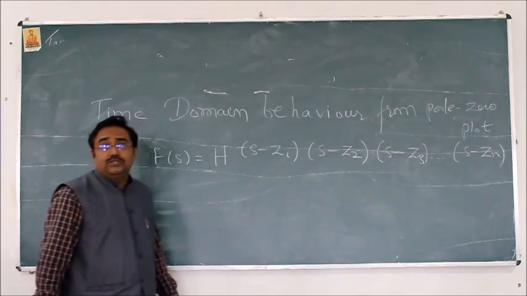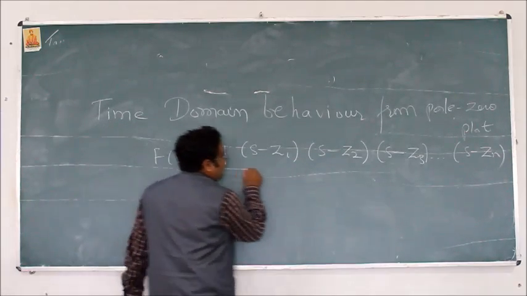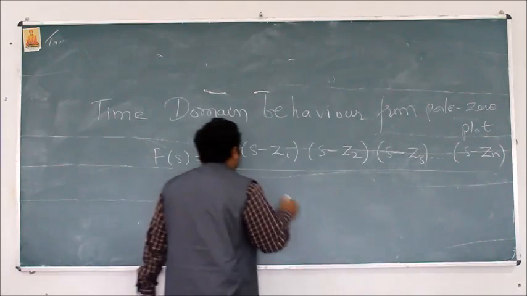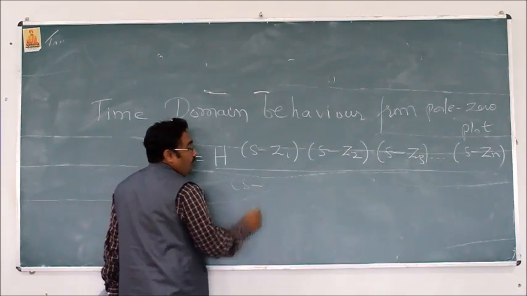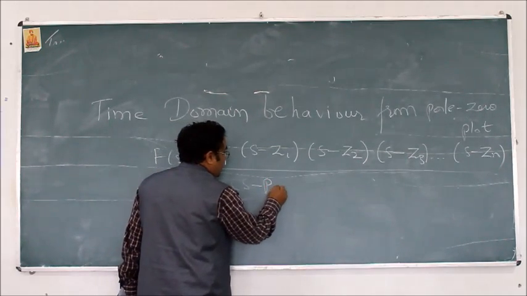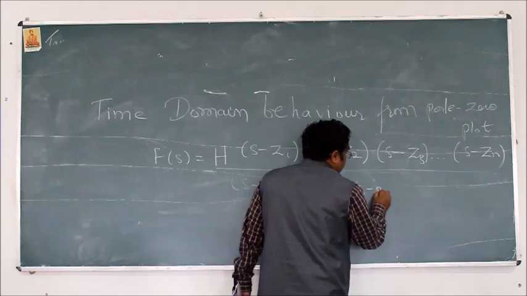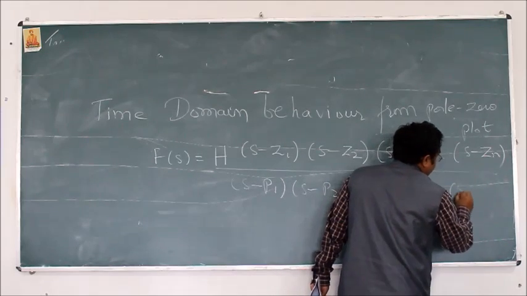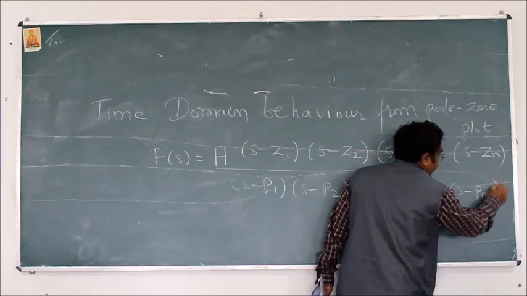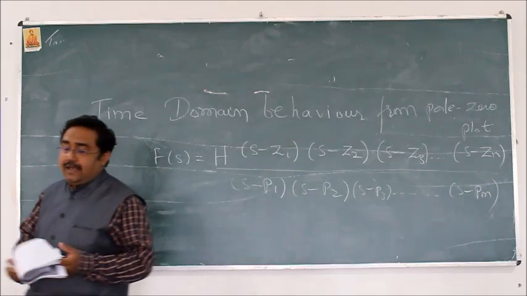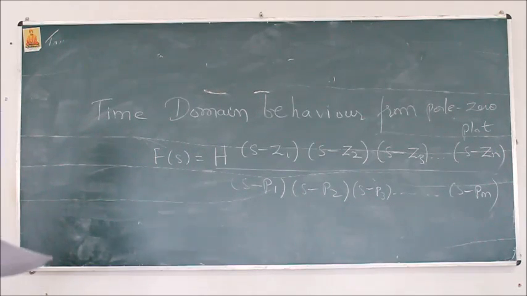There are n zeros. Similarly, there will be poles: s minus p1, s minus p2, s minus p3, up to s minus pm. Let there be n zeros and m poles. Is it clear? This will be the form of any function.